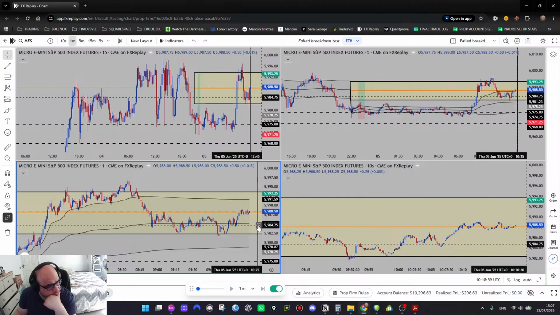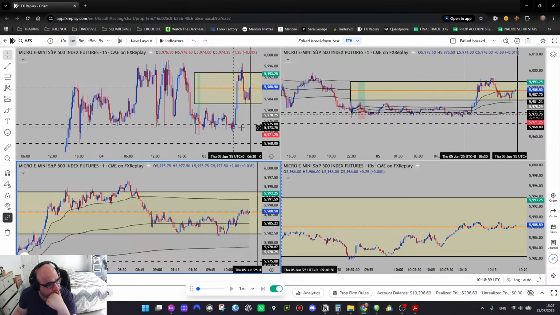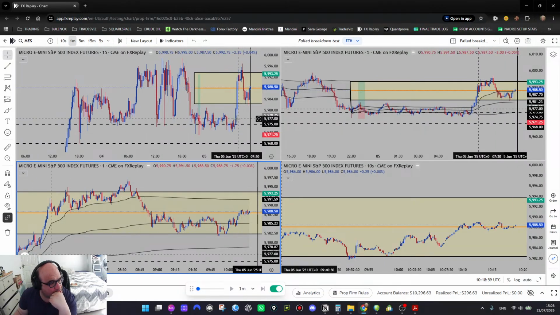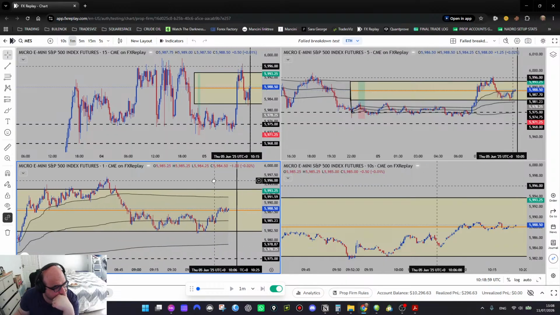Okay, we are now approaching. The 1025 is here. What level is 59.75? It's the same level. Did another fair breakdown. Right, let's see what happens now.